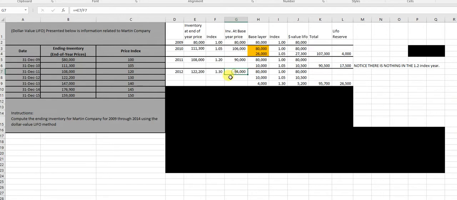So I take the 122,200 divided by 1.3, and the result is 94,000. I want you to try these as you go along. And so now I have that 94,000 is made up of this 80,000 plus this 10,000, so that's 90,000. So I need 4,000 more. So 4,000 comes from this price index. So I just pull these two numbers down to there.